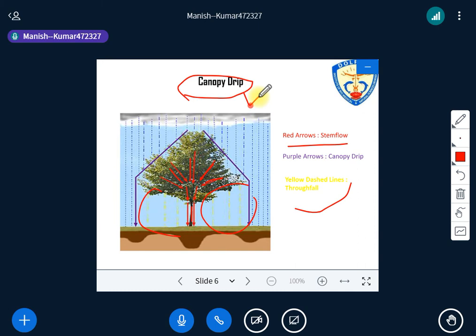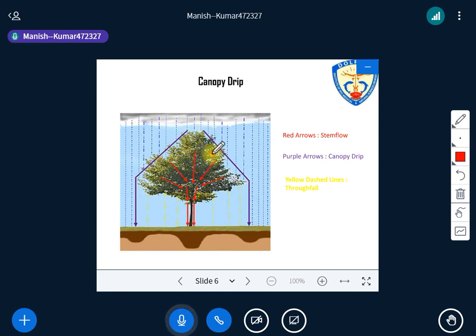canopy drip. What is canopy drip? So just look at the image. This purple arrow is representing it. If there is precipitation or rainfall, then along the canopy it has to flow to come to the ground. Just look at the image, isn't it? They're flowing along the canopy to touch the ground here. Right?